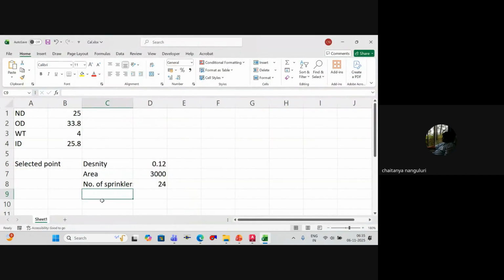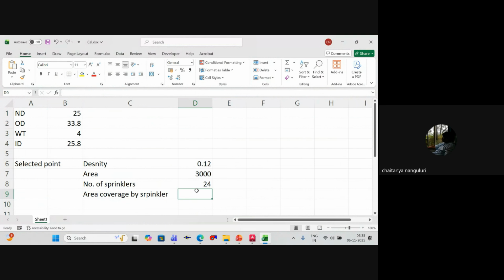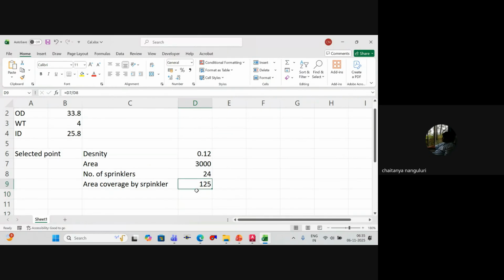See, so now we have to calculate the minimum for each sprinkler. The area coverage by each sprinkler is this value divided by this. So that is 125 SFT for one particular sprinkler. You agree? The unit here is GPM per SFT.